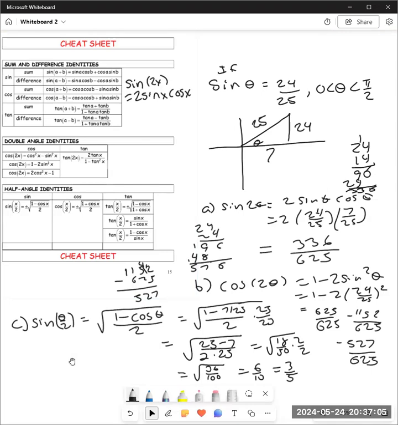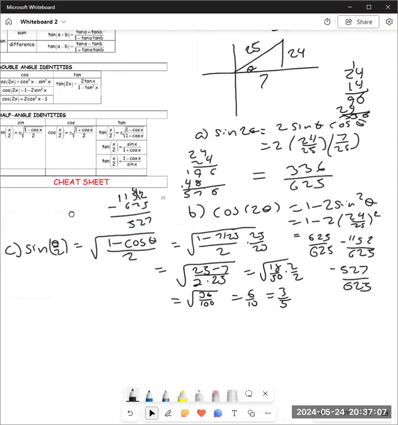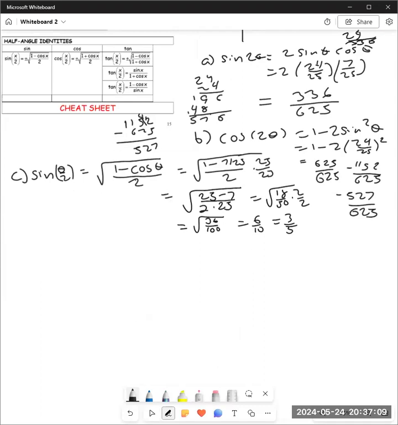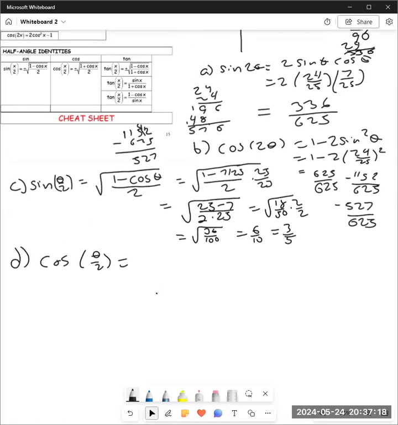Now we want cosine of theta over 2. And cosine of theta over 2 is also going to be positive. It's square root of 1 plus cosine of x over 2.